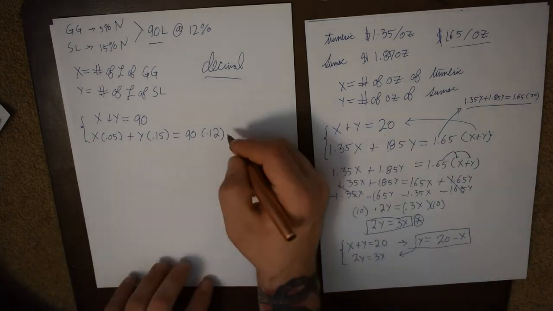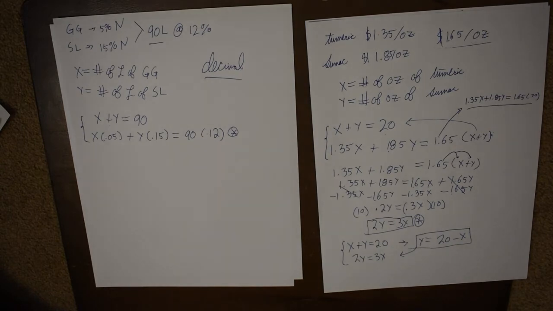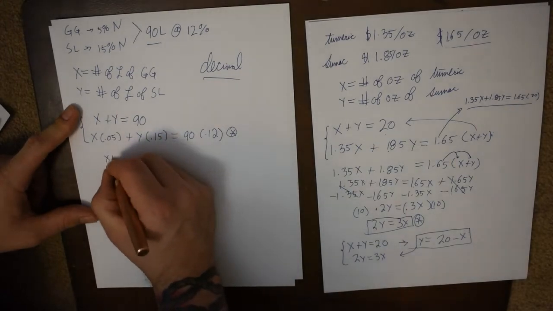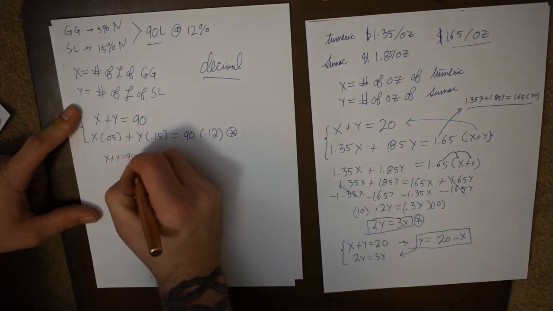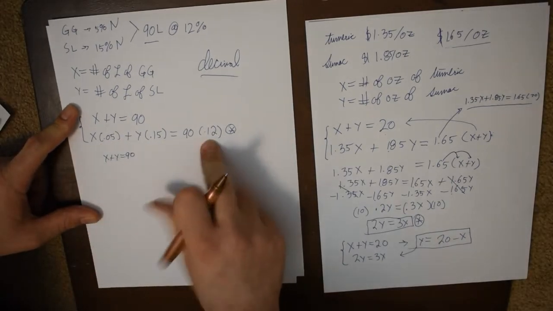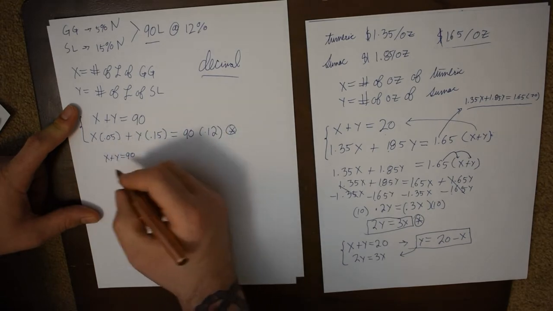I'm going to simplify this bottom equation just to put it in a form that's a little bit easier for us to work with. We still know that x plus y has to equal 90. And I'm going to rewrite this bottom equation, gathering some like terms on the right hand side, and the left is going to stay the same.